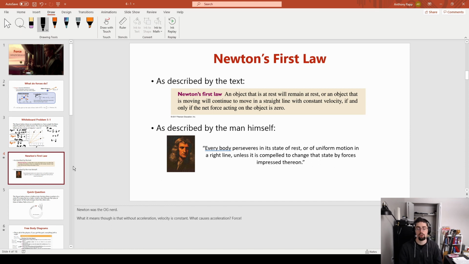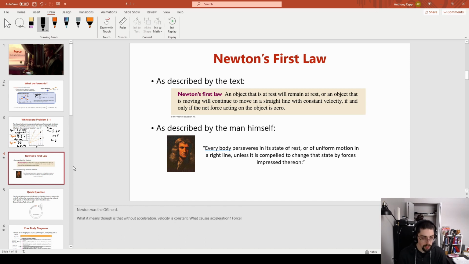But Newton's first law, translated into a modern understandable definition, is that an object that is at rest will remain at rest, or an object that is moving will continue moving in a straight line with a constant velocity if and only if there is 0 net force acting on it.